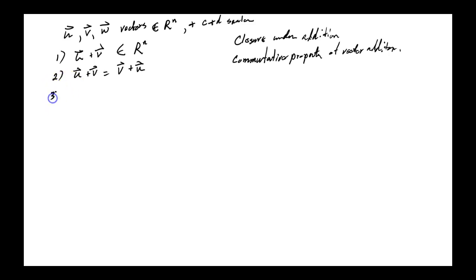Number 3, fairly similar to it. If you have U and you add to that V, but then later add to that W, remember that's your third vector, you get the same result as if you added U to the sum of V and W. So property number 2, commutative, says it doesn't matter which direction you add.